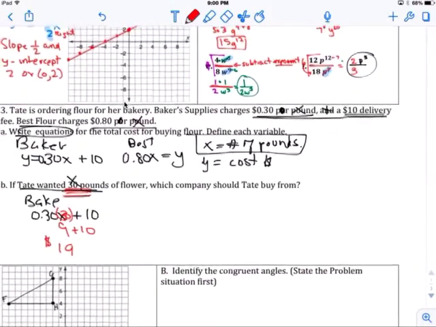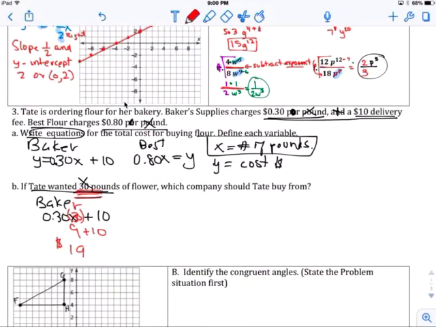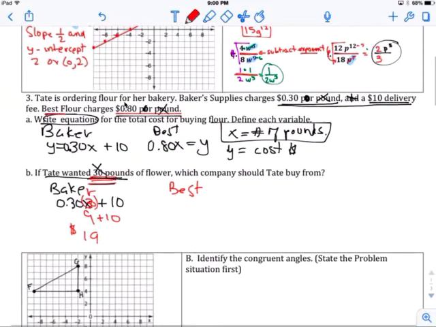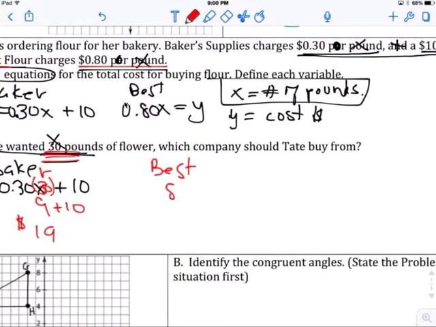Okay, the other one is Best Flour. Best is going to charge you just 80 cents per pound. So Tate is buying 30 pounds, so you're going to put 30 for x. x represents the number of pounds.